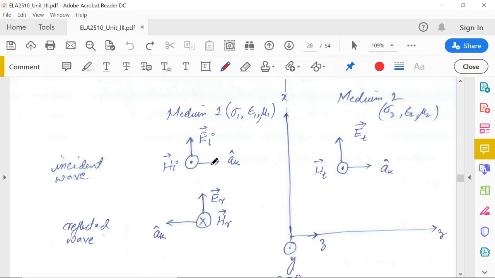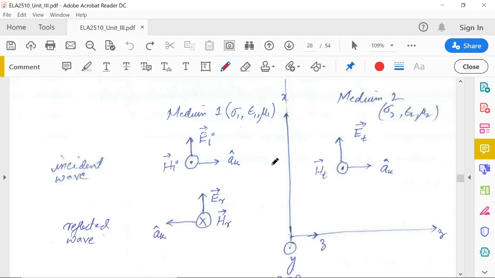For simplicity, let's take the electric field along the x-axis only, which is perpendicular to ak. Then you can easily find that the direction of the magnetic field will be perpendicular to both, along the positive y-axis, so it will be coming outward. This is how we denote it here. ak gives the direction of propagation, EI is the direction of the electric field, and HI is the direction of the magnetic field.